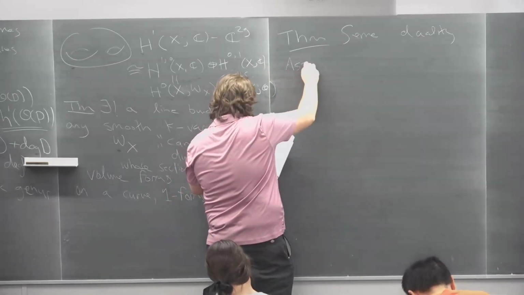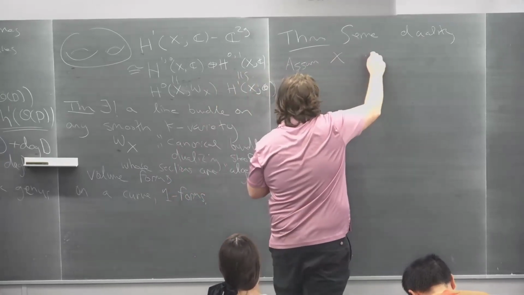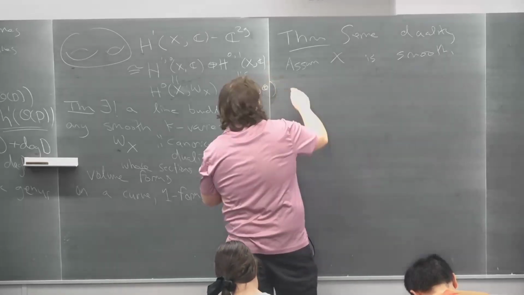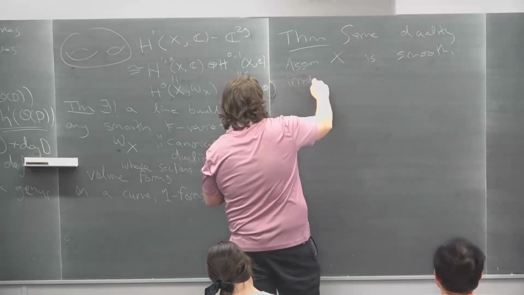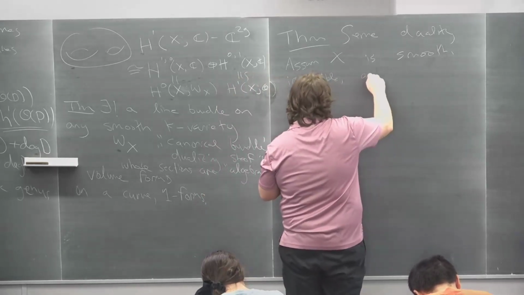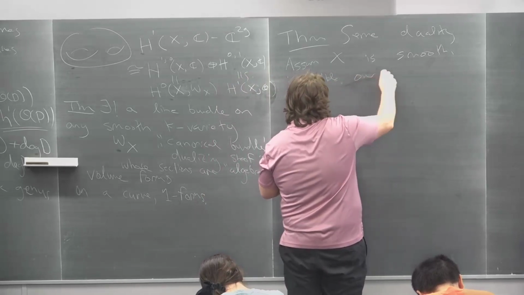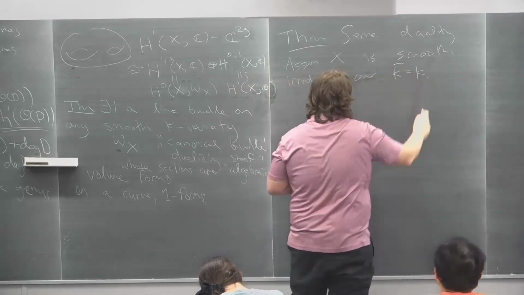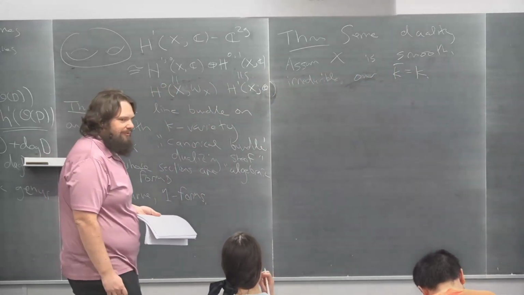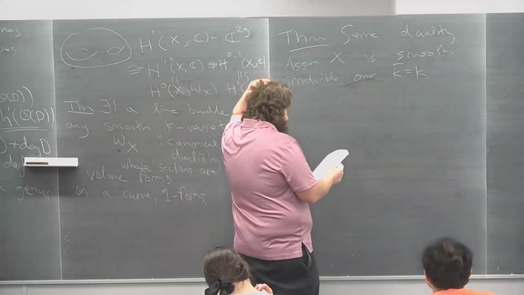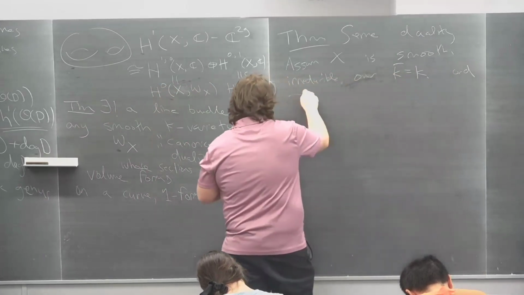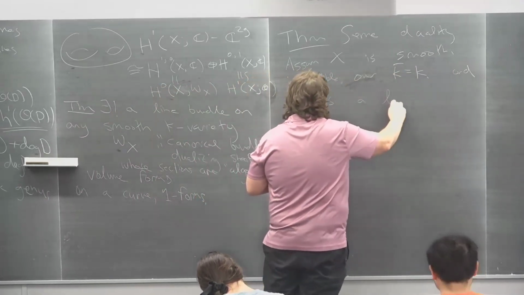So assume X is smooth, irreducible, over an algebraically closed field. The algebraic isn't that important. It's mostly just so I don't have to say geometrically irreducible. And F is a locally free sheaf.